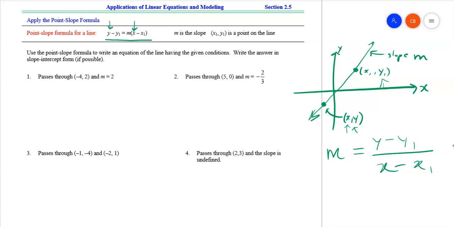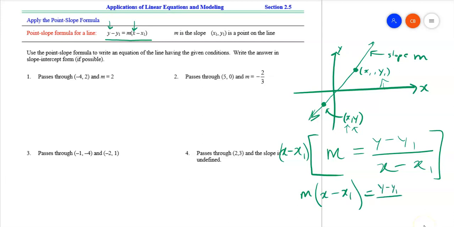And if we just do one simple step here, all that we have to do is multiply both sides of this equation by this denominator on the right side, x minus x1. On the left side, it would just go the slope times x minus x1. And on the right side, we have y minus y1 over x minus x1, being multiplied times that x minus x1.